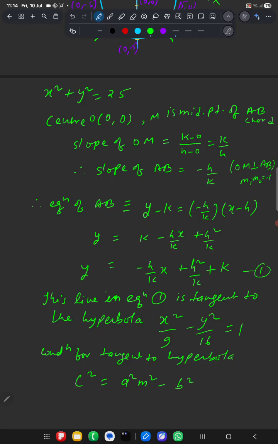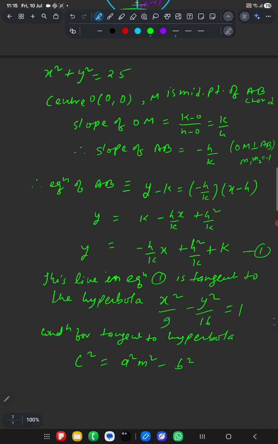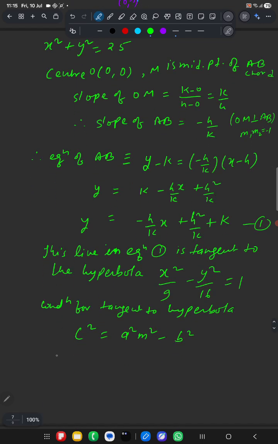Now a squared is 9, b squared is 16, m squared means, from the line in equation 1, m is minus h by k, so m squared is (minus h by k) squared, and c means h squared by k plus k. So we know everything, we just have to put the values in this condition. In place of c, I will write (h squared by k plus k) whole squared. In place of a squared, I will write 9. In place of m squared, I will write (minus h by k) squared, and b squared is 16.